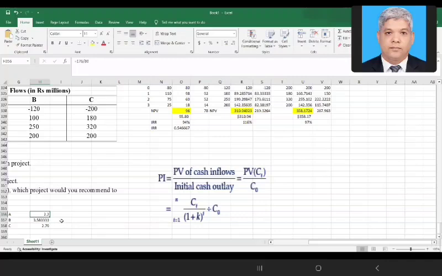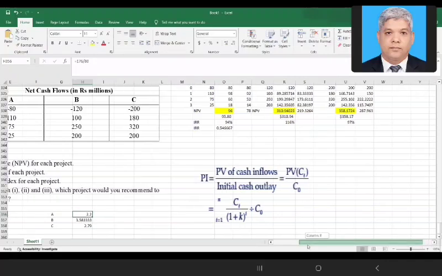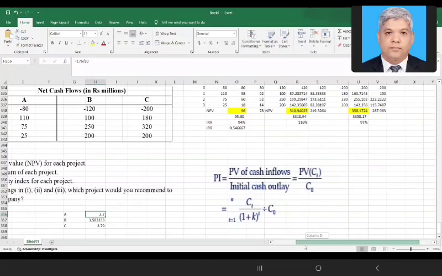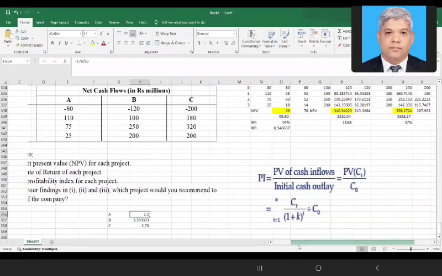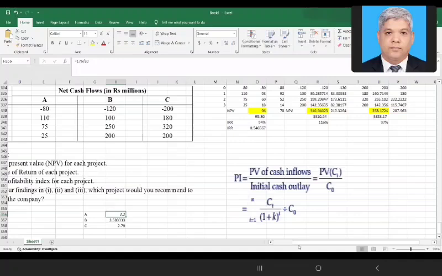Okay. So if you are ranking the projects, it shows B is the first one, C is the second one, A is the third one.